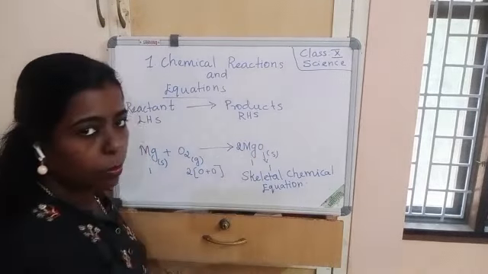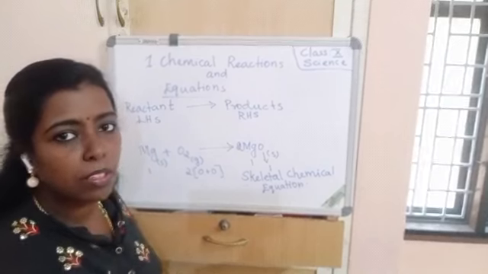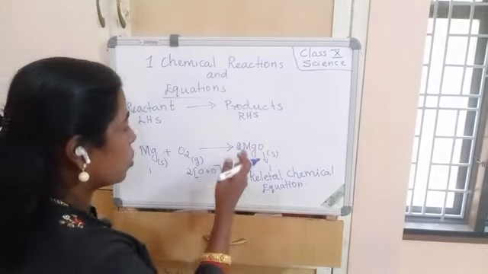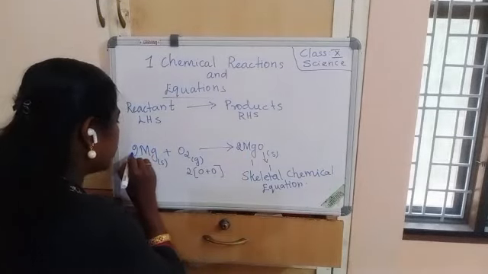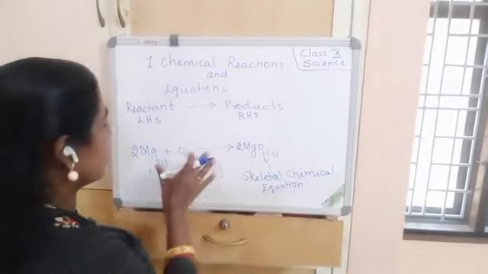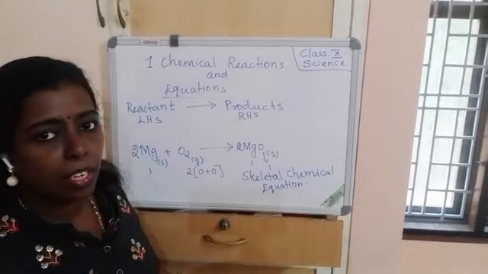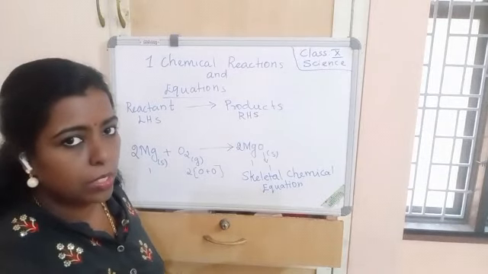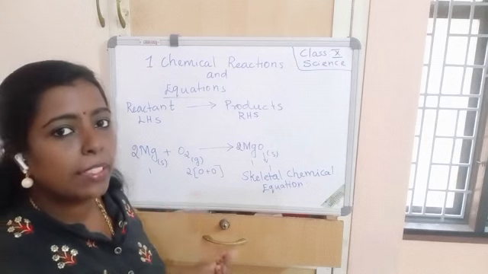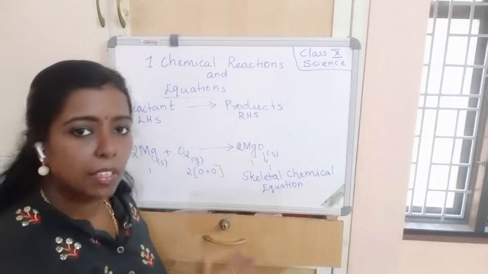Now oxygen is balanced but magnesium is not balanced, so we put 2 here also. Now see this equation, all the reactants and products are equal in mass. So balancing of a chemical equation is based on the law of conservation of mass.